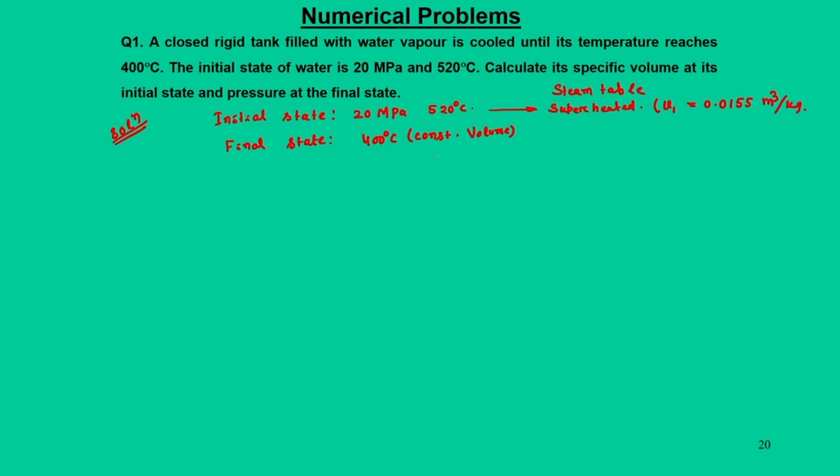Now, at the same constant volume, that is at temperature 400 degrees centigrade and V1 as 0.0155 meter cube per kg, it will also give the final pressure P2 as 15 megapascal.